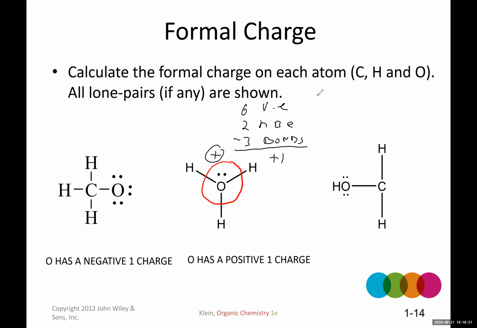And there are 3 bonds to the carbon, so minus 3 bonds. So we have 4 minus 0 minus 3, that's plus 1. So the charge on this carbon is positive 1. You see a positive carbon contains 3 bonds and no lone pairs.